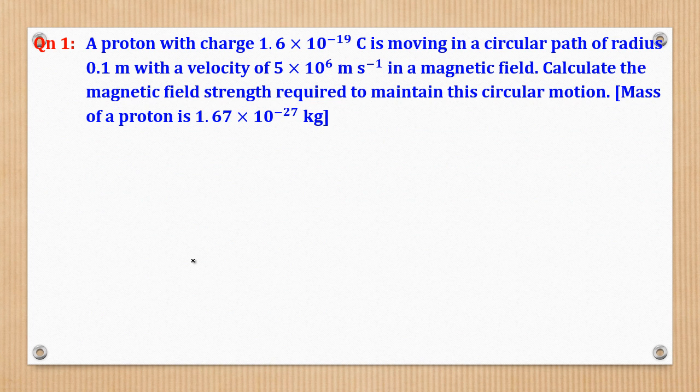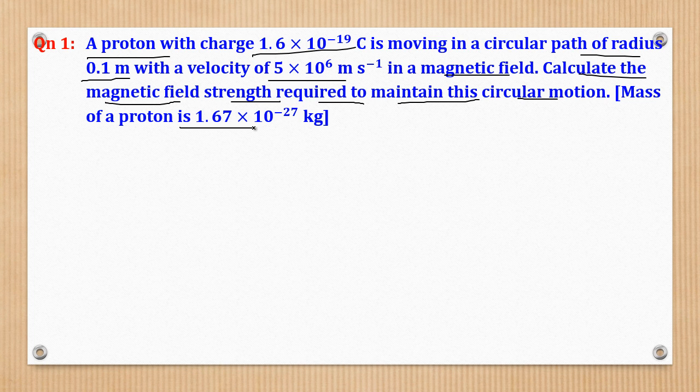Okay, so with that, we can now go through the calculations. Question 1 says, a proton with charge this is moving in a circular path of radius this, with a velocity of this in a magnetic field. Calculate the magnetic field strength required to maintain this circular motion, and it gave you the mass of the proton.